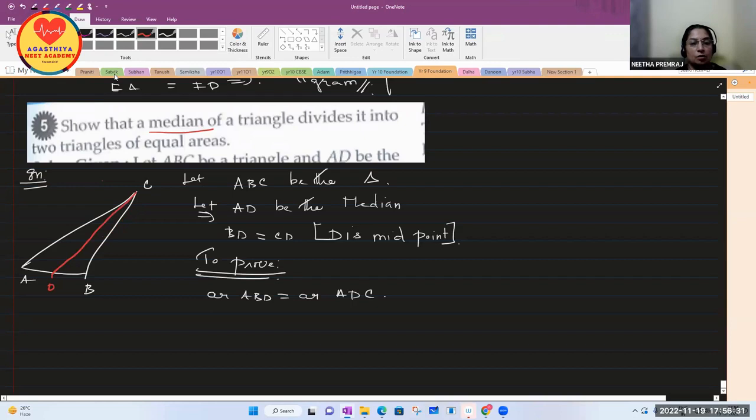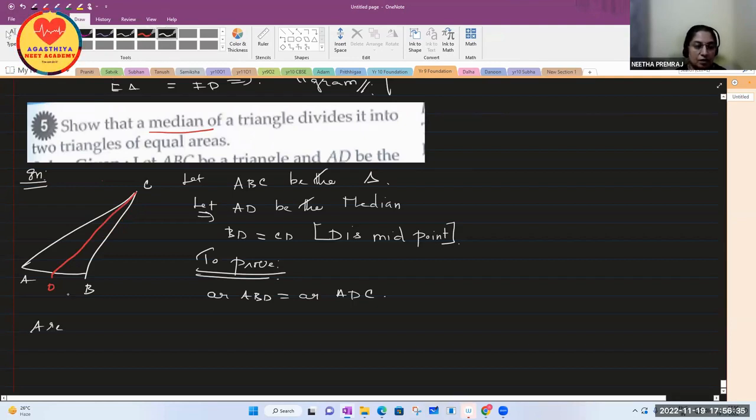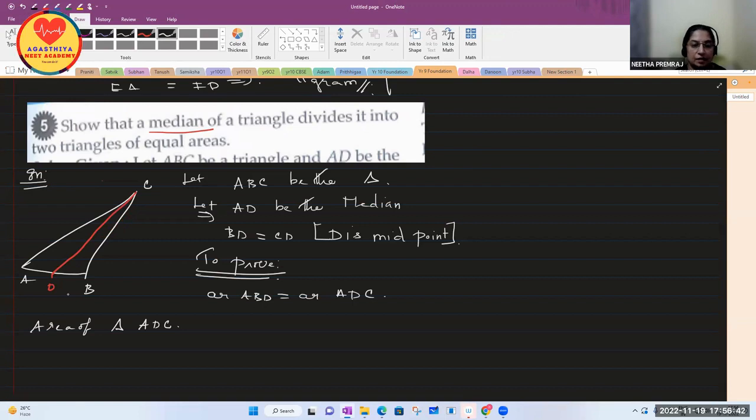Now I find the area of triangle ADC, I mean BDC, it should be BDC. I made a mistake. Area of triangle ADC and area of triangle BDC. That is what you want to prove: this triangle's area is equal to this triangle's area.